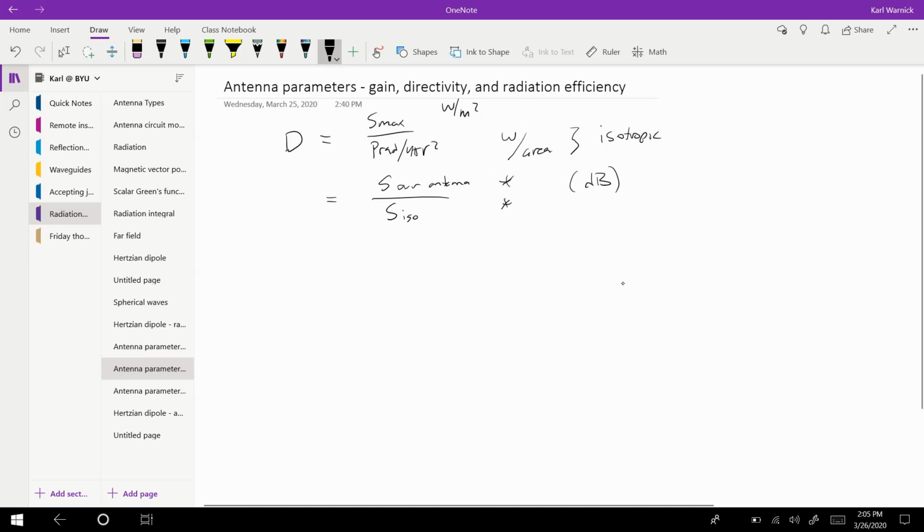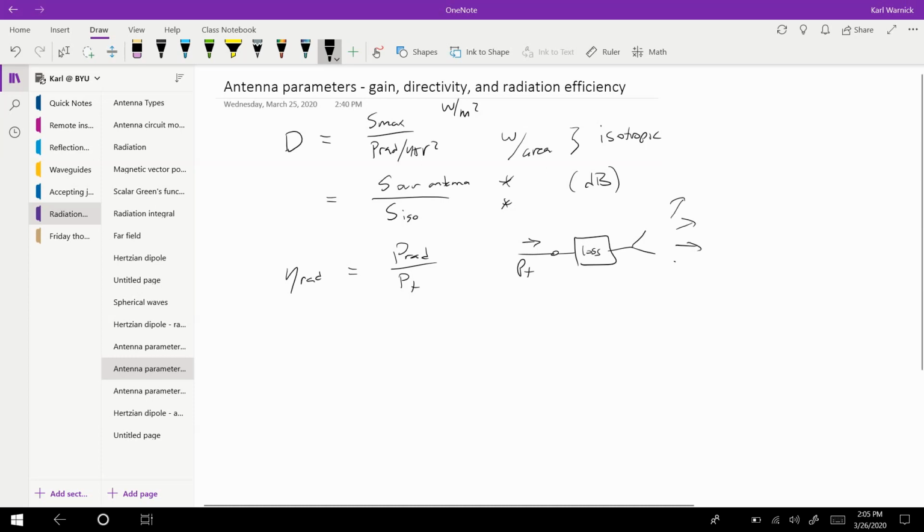Next quantity: antennas are lossy in general, so we talk about their radiation efficiency. We take the radiated power and divide it by the transmitted power, the power going into the antenna. So here's the antenna. We have PT going forward on the transmission line. Then I'm going to put the antenna losses in a box, and that would represent the ideal or lossless part of the antenna.